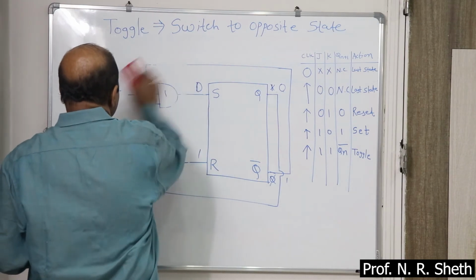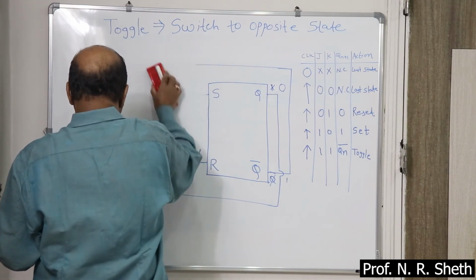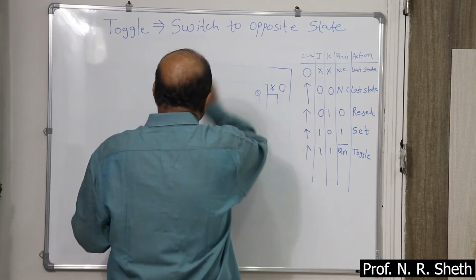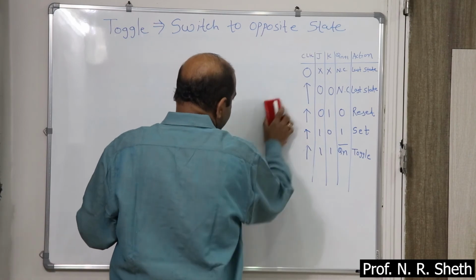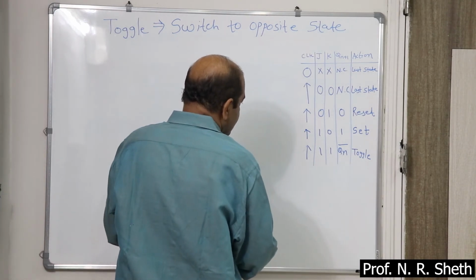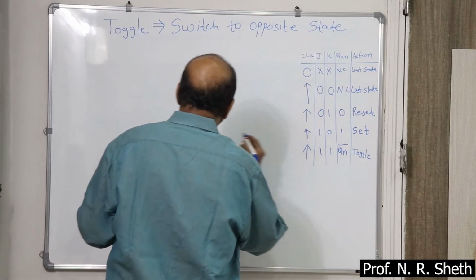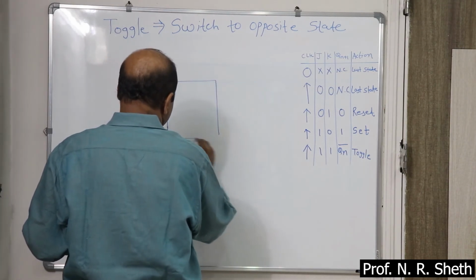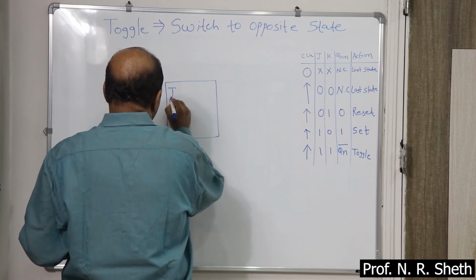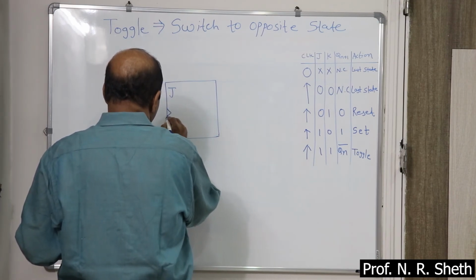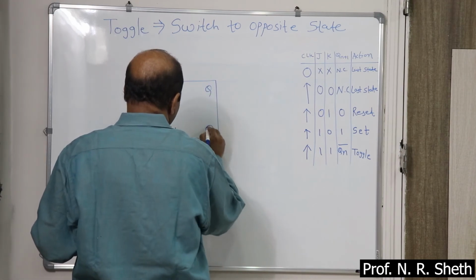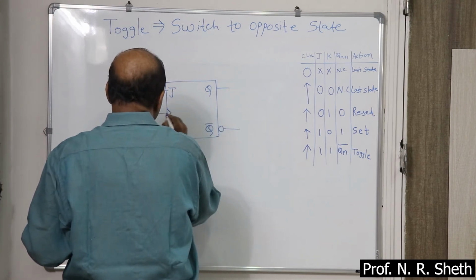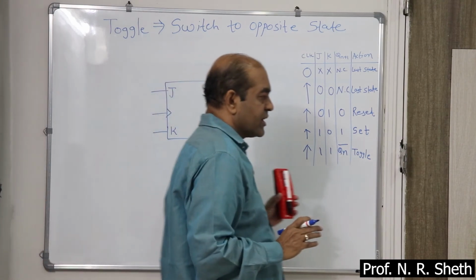Symbolically, JK flip-flop is explained in this way. J, K, clock, Q, Q bar, this is about JK flip-flop.